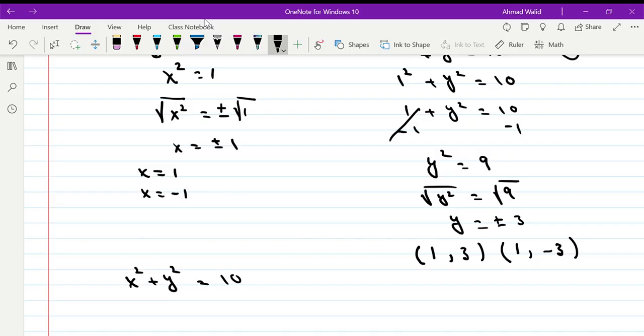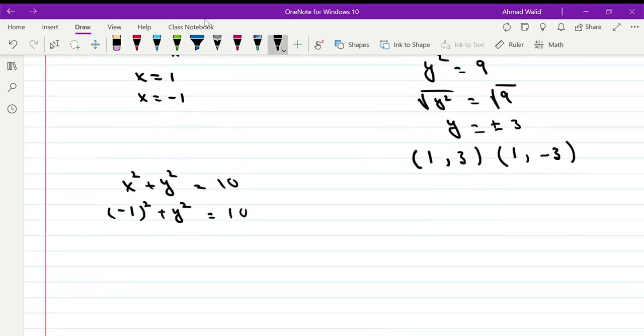Same equation, x squared plus y squared equals 10. This time, plug in x equals negative 1. Then it will be negative 1 squared plus y squared equals 10. Negative 1 squared gives you again 1, plus y squared equals 10. Subtract 1 from both sides. It means y squared equals 9.